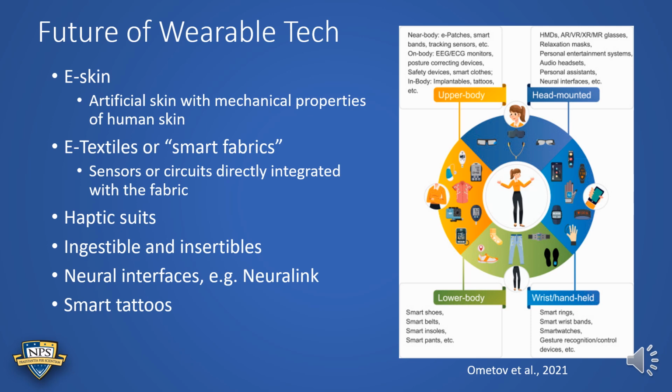So this would help quadriplegic patients or paralyzed patients regain some mobility, which is pretty neat. And finally, smart tattoos, which involve biosensors implanted under the skin, and then they can measure glucose levels or other protein levels and can change color as a result.